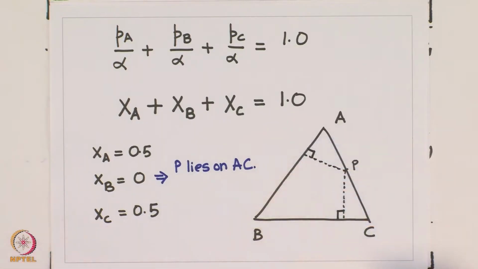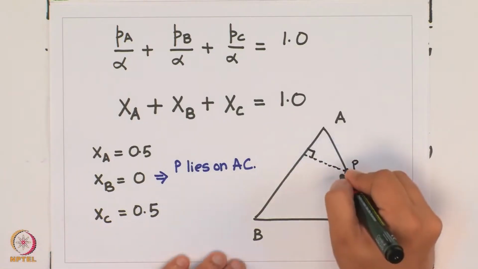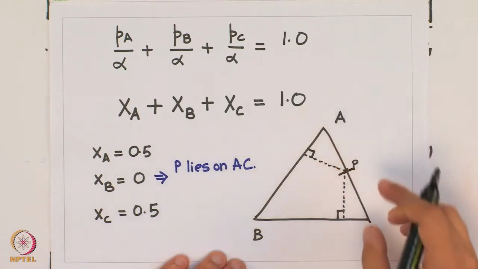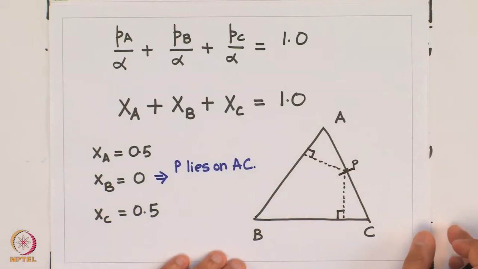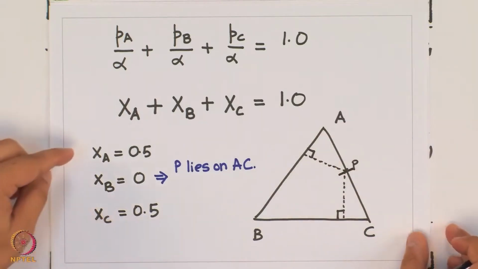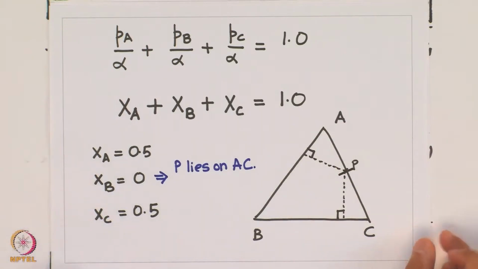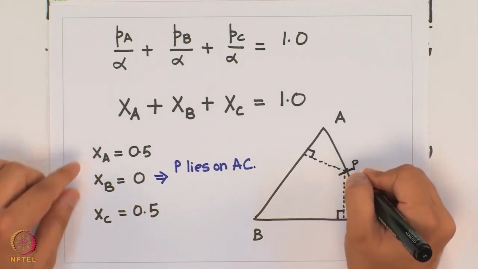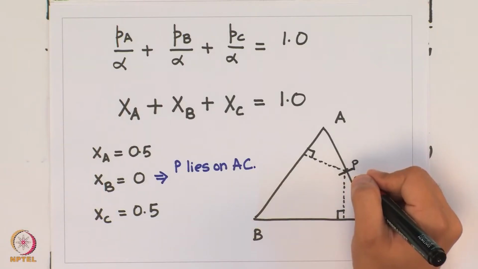And from intuition, that has to be the midpoint of the segment AC, because this is an equilateral triangle. So, given any composition, we can find a point P which represents the distribution of the genotypes at that particular composition that we have specified.